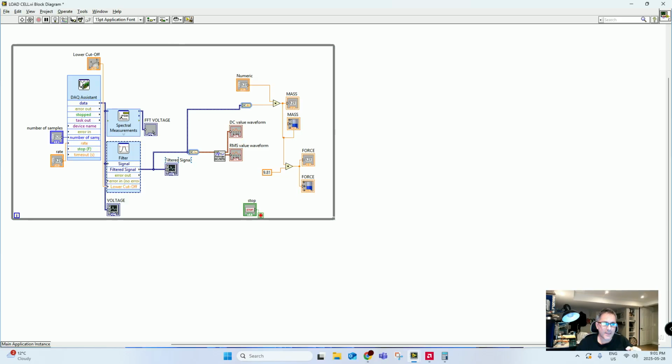Then you have the FFT voltage scope that we have shown before, the filtered signal. I decided to capture the value in a DC waveform and then capture the mass by the calibration that I'll show you how to do. We then calculated the force by multiplying the mass by 9.81, which is the average of the gravity acceleration on Earth.